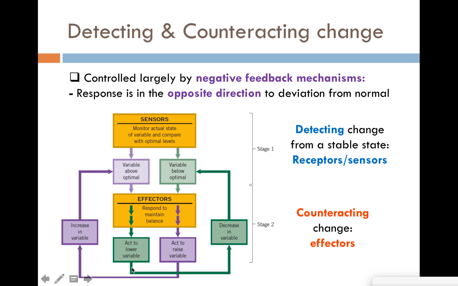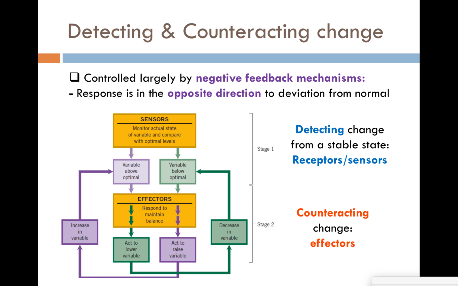Now, if it goes too far, because the aim is to lower the temperature, decrease it, if it actually goes too far and it's below optimal, then that's going to again trigger the effector to change the response. So for example, it could just be to switch the sweating off, or if it's really gone too far, it could be to actually counteract that, maybe through shivering or something to increase my temperature.